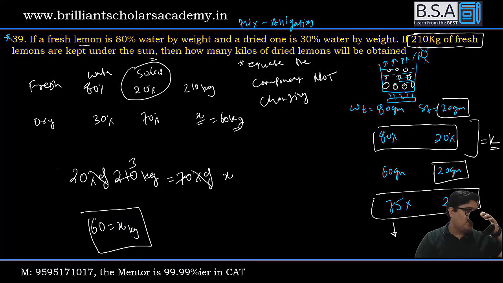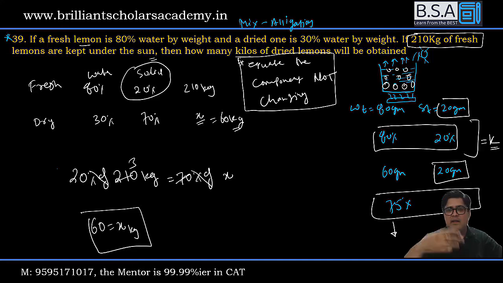Equate what? Equate the component that does not change. Always equate the component that does not change. Write this down properly, my child: equate the component that does not change. Highlight this. I can show you many examples by modifying this concept.